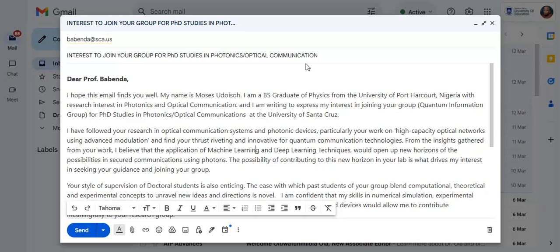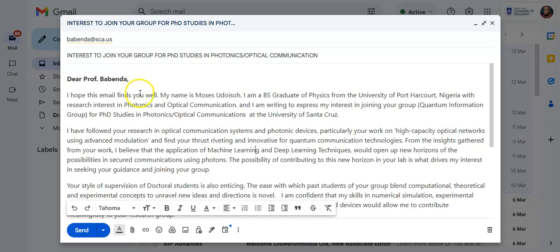This is very important. Then just put interested to join your group. What are you joining his group for? You want to specifically mention why you want to join that group and for what purpose you are joining this professor's group. Very important.